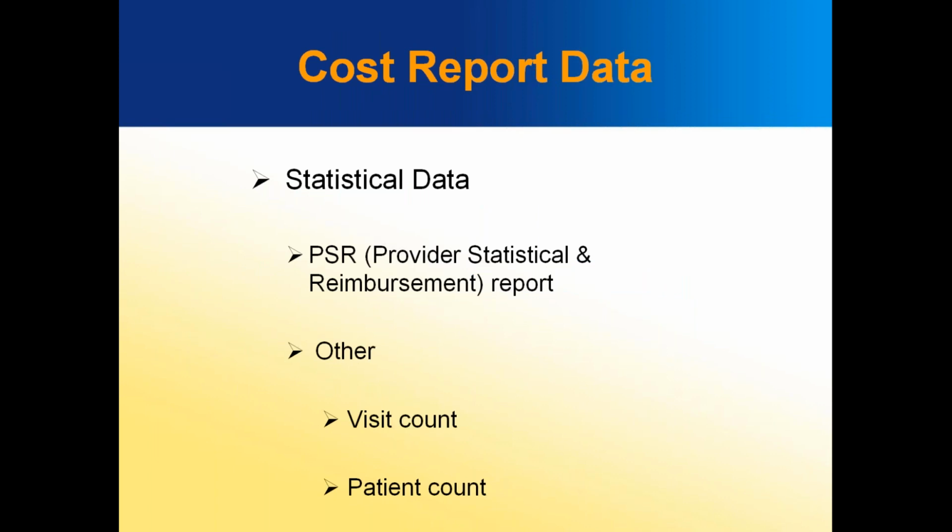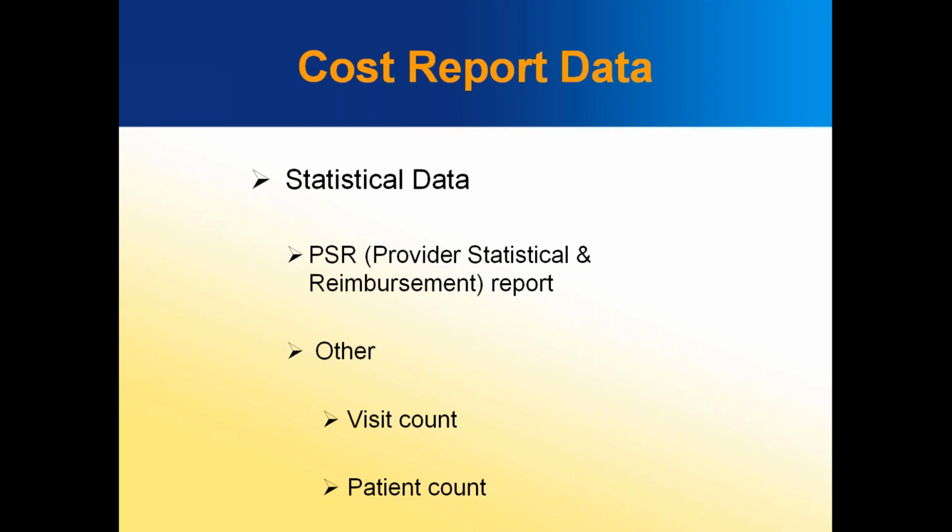Thanks, Alex. We're going now into the actual information that's going to go into the cost report. As we said, you want to be able to compare apples to apples. So as we go through, we're going to be talking about different areas of the cost report. The cost report consists of basically 2 different areas of information: your billing information and your accounting information.